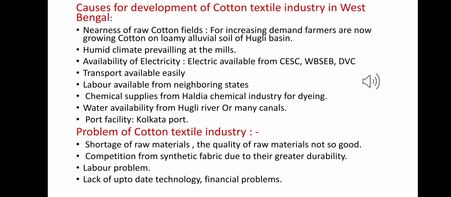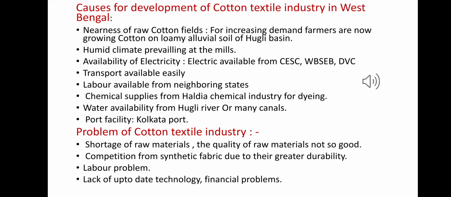Transport is also easily available, like land, railway, water and canal transport, and labor is available from densely populated neighboring states like Bihar, UP and Odisha.